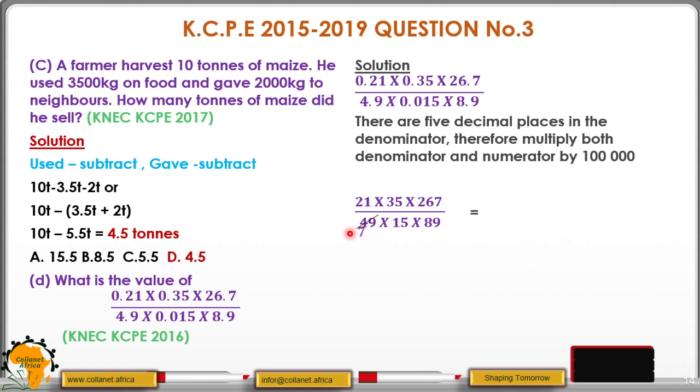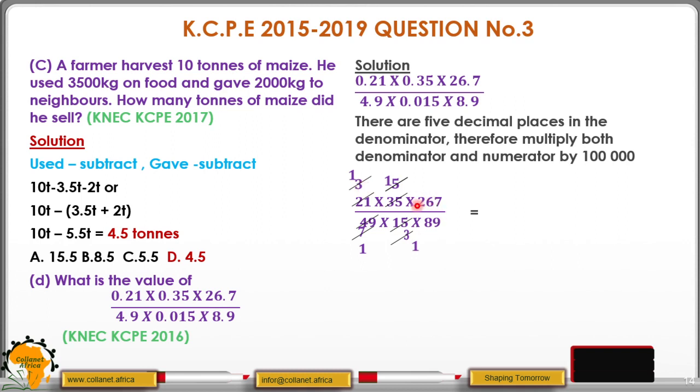And here we get, by 7, you get 7. By 7, we get 3. Then we move, by 7, you get 1, and 5 divided by 5, you get a 1, and 15 divided by 5, you get a 3. What about 3 divided by 3, you get 1, and 3 divided by 3, you get 1.